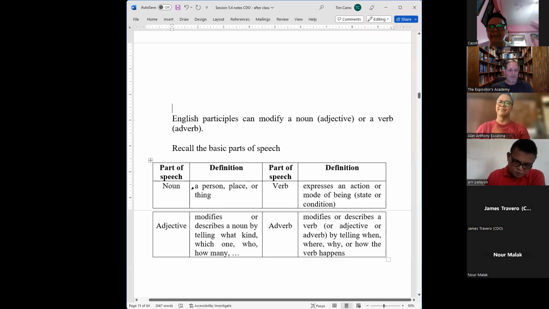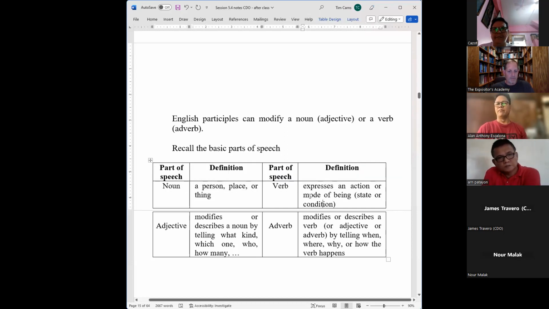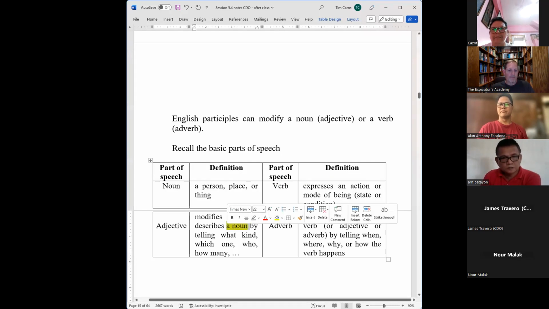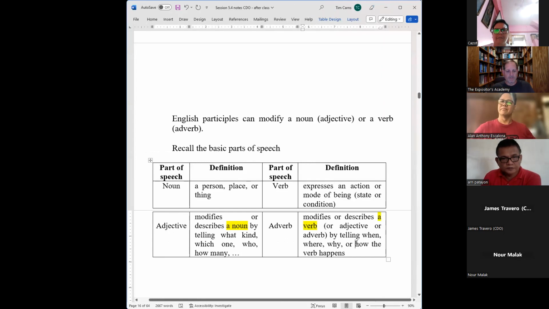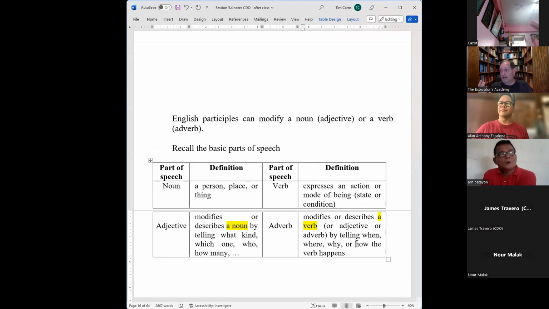A noun is a person, place, or thing. A verb expresses an action or mode of being, right? And an adjective modifies a noun. An adverb modifies a verb or another adverb or adjective. So participles can act like an adjective, that is, they can modify a noun, or they can act like an adverb, that is, they can modify a verb or another adjective or adverb.